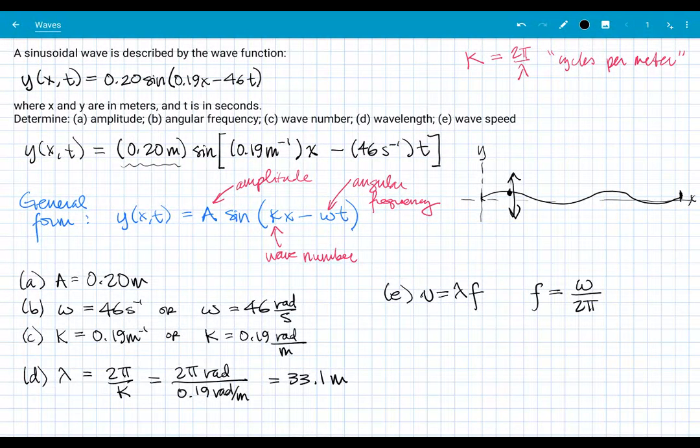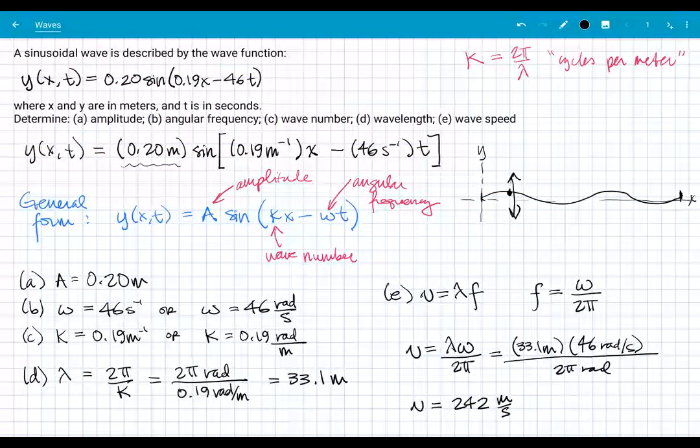So I can put those two together and say v is equal to lambda times omega divided by 2 pi. When I sub in my values, my 33.1 meters for wavelength and my 46 radians per second for omega, divided by 2 pi radians, for my wave speed I get 242 meters per second.